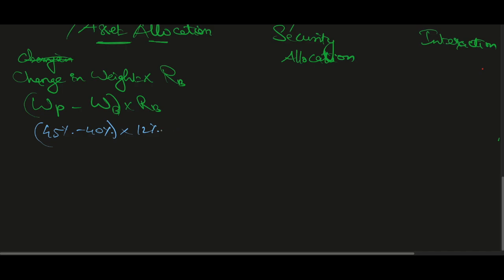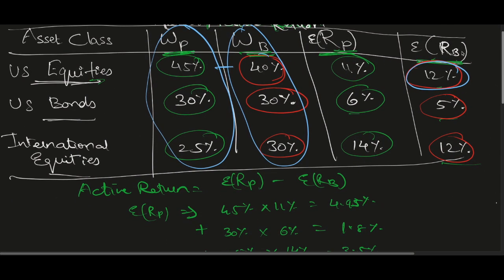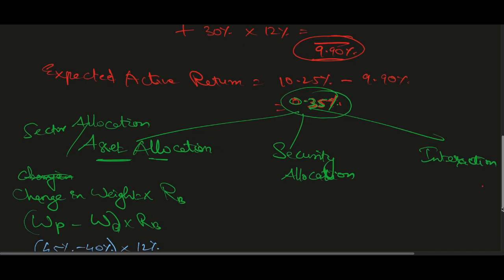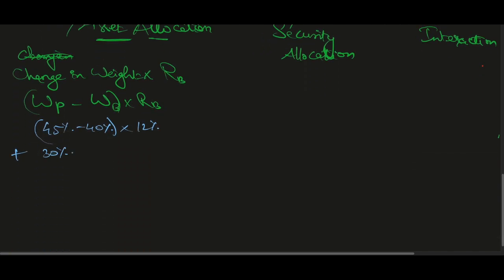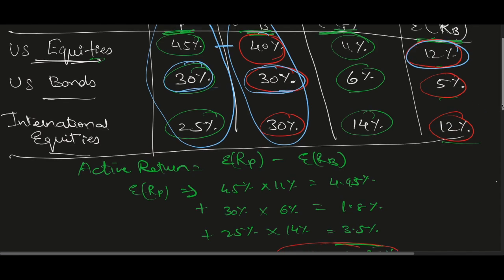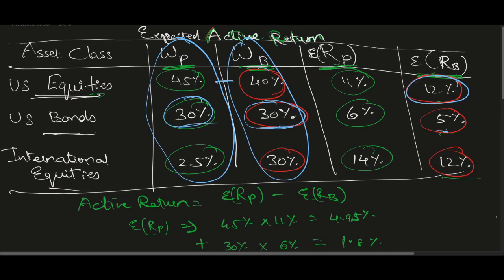Okay, so then plus, next one the weight of the portfolio is 30 percentage, and weight of the benchmark is also 30. So 30 percentage minus 30 percentage into return of the benchmark, which is 5 percentage.